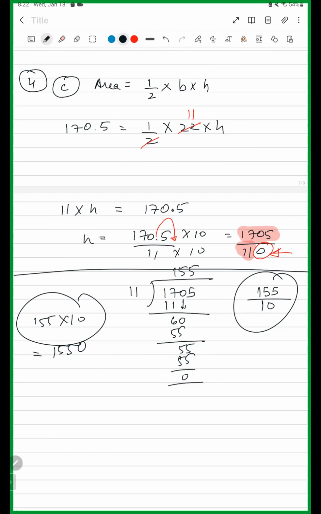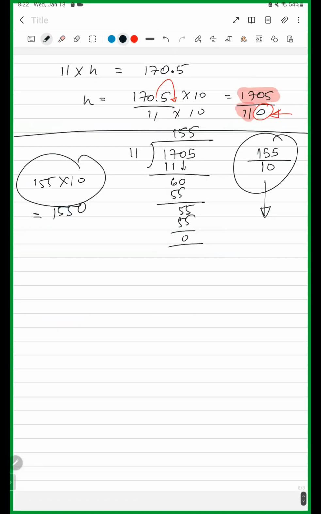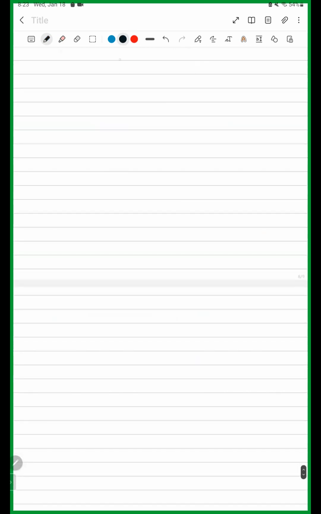Yeah. Okay. So do we have to use a 0? Yeah. आप मुझे बताओ 155 divided by 10 क्या होगा? आप मुझे खुद बताओ. You have 155 divided by 10.